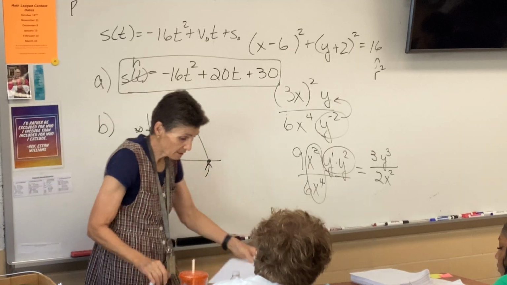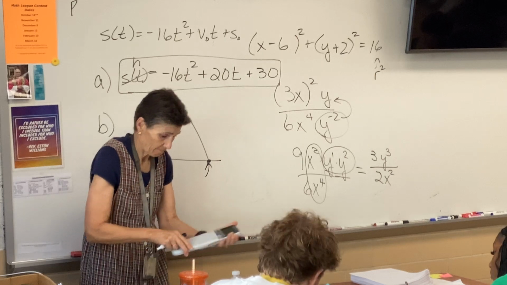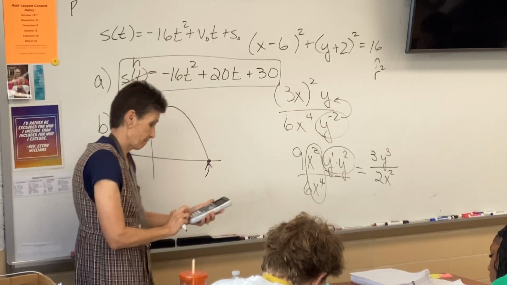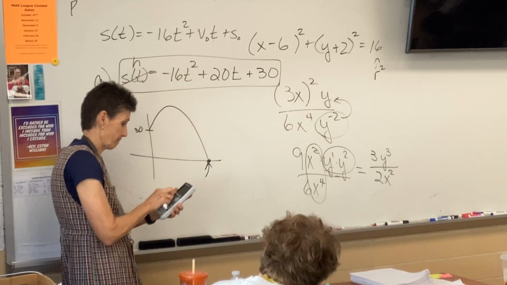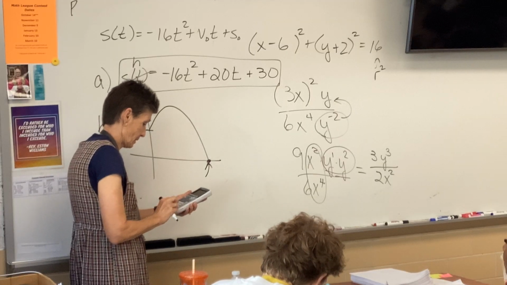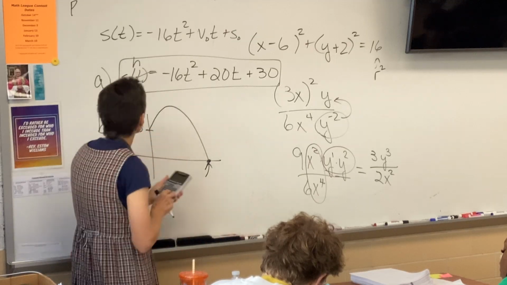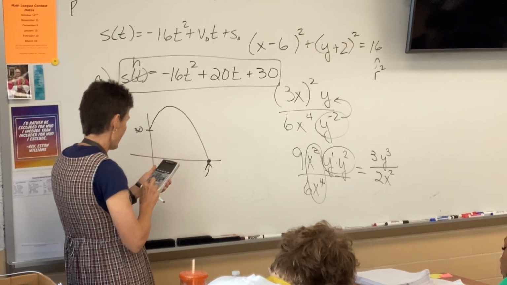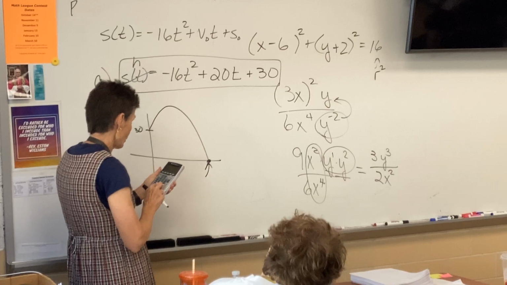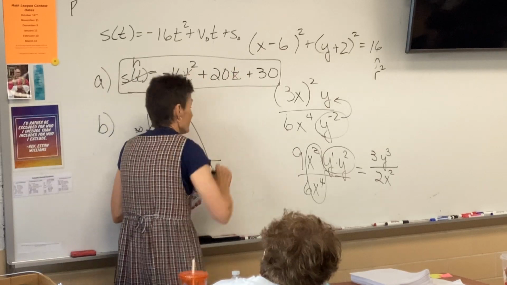Isn't that a 0? So I'm going to put in my equation. Negative 16x squared, plus 20x plus 30. And remember, these are x's in my calculator. Don't be messing with t's.